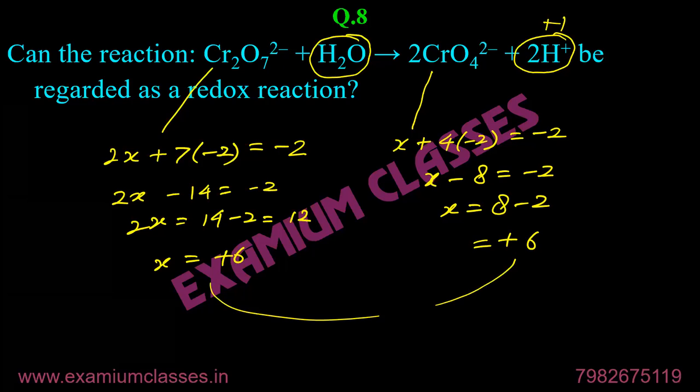So there is no change in oxidation state of chromium. Neither oxidation nor reduction, so it cannot be regarded as redox reaction. The reason you also need to mention is that there is no change in the oxidation number.